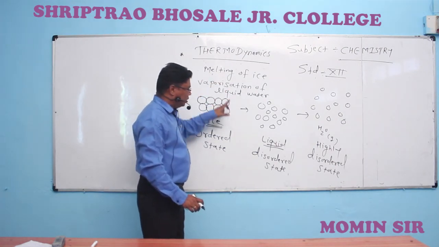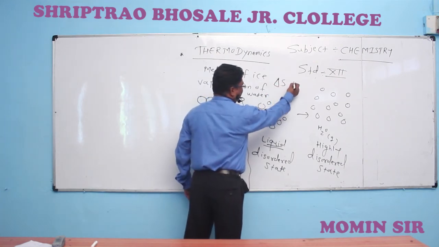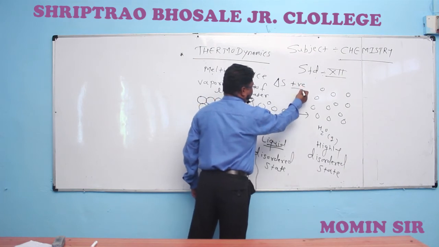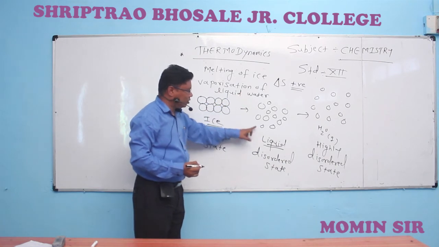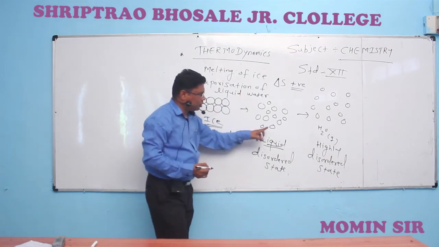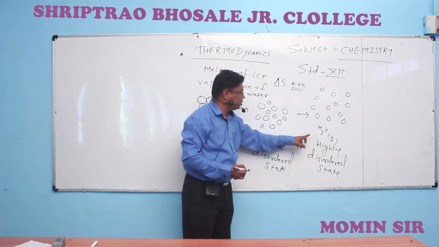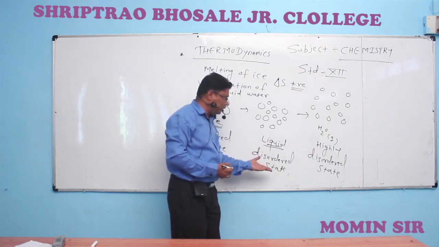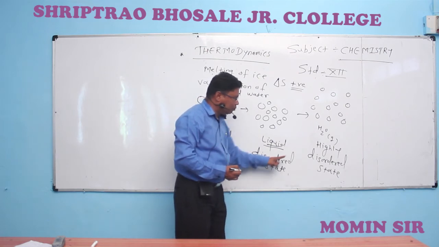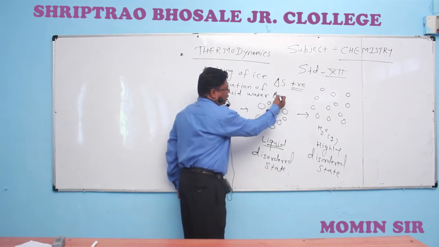You know that disorder increases, which means delta S, the change in entropy, is positive. Similarly, vaporization of liquid water means liquid water is converted into the gaseous state, that is water vapors. Here disorder increases, yes, because the disordered state becomes highly disordered. In this case also delta S is positive.